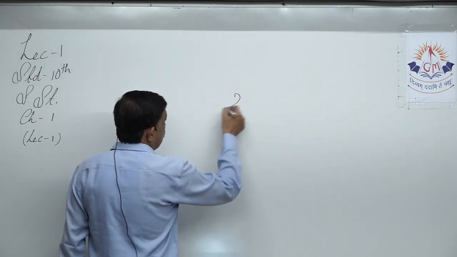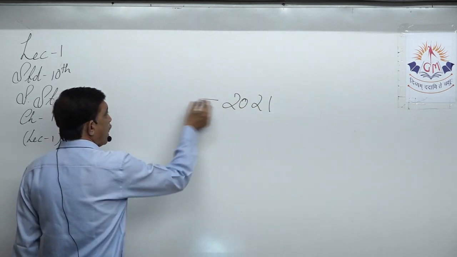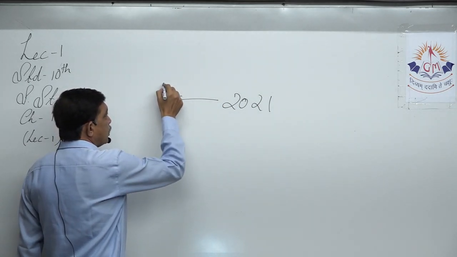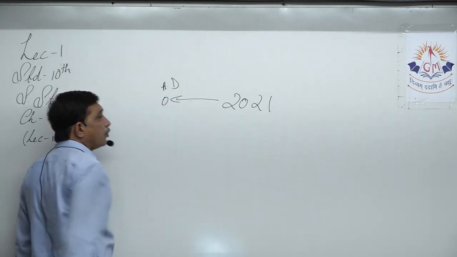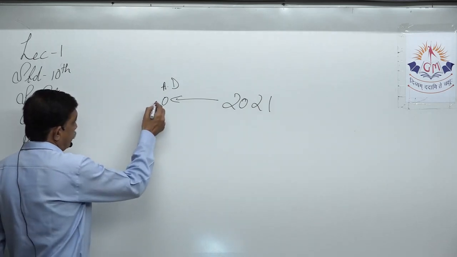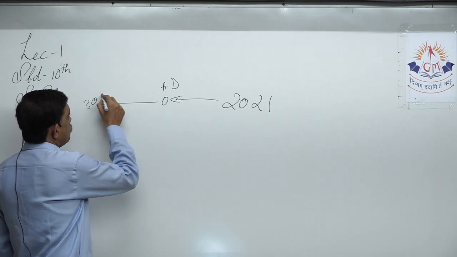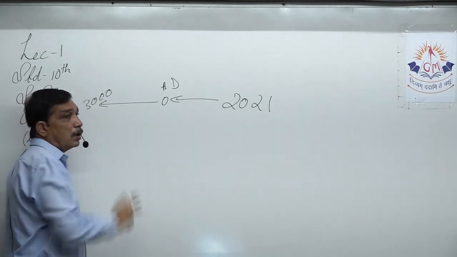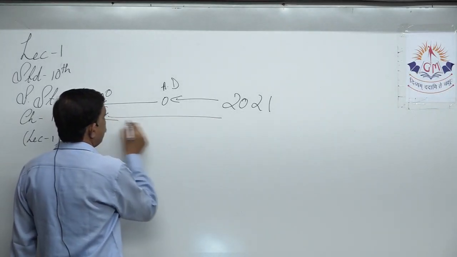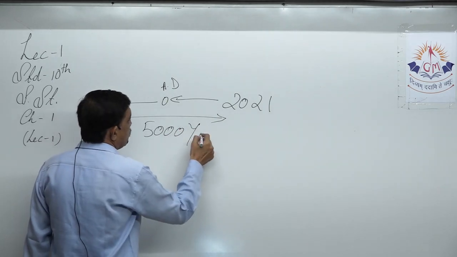Today, this year is 2021. We go back to 0, that is 0 AD, the year when Christ was born, and some 3000 years before 0 AD, a total of 5000 years.